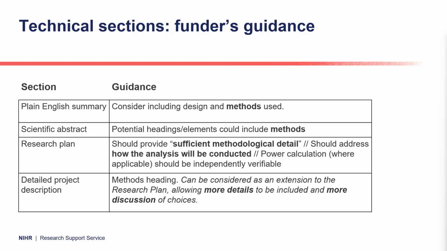In the detailed project description, there is a methods heading, and this enables you to provide more detail on your methods and to include more discussion of your choices. Make sure you detail the methodological approaches proposed. So, for example, justification for sample sizes, inclusion and exclusion criteria, nature of the follow-up, techniques of data collection, choice of analysis, and why.